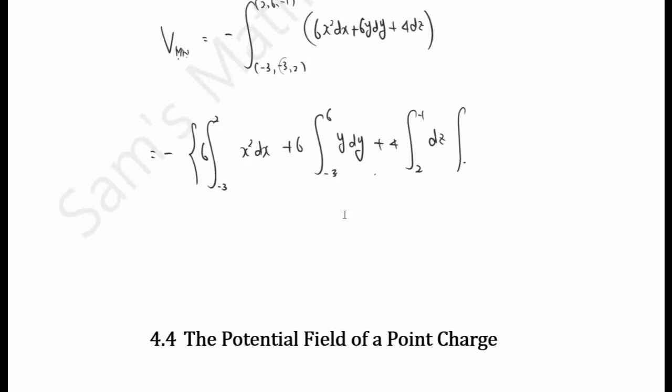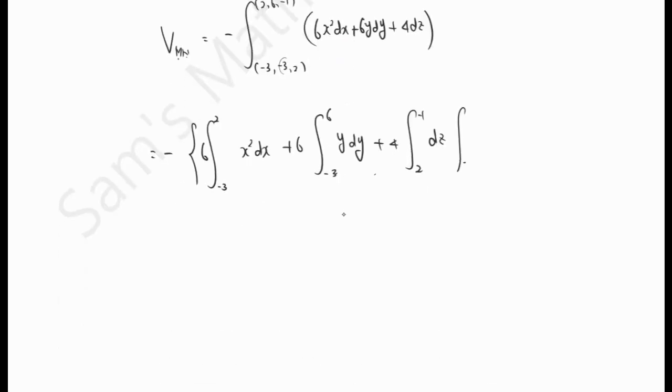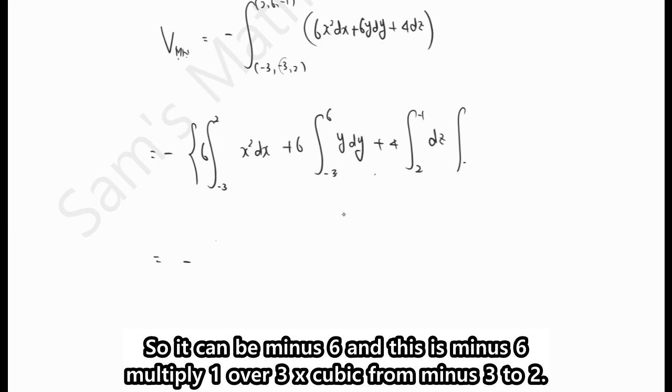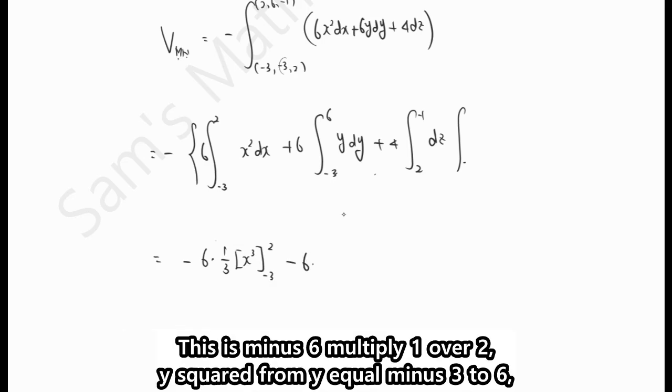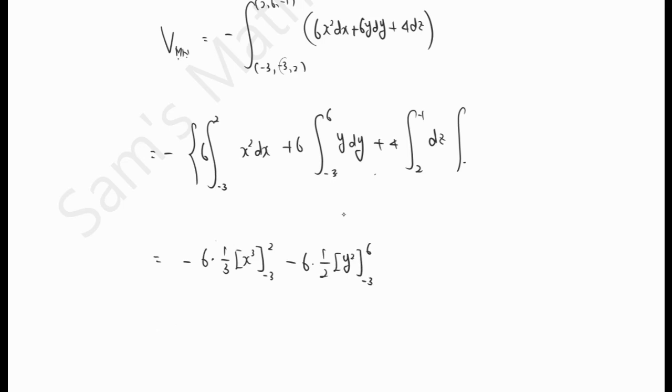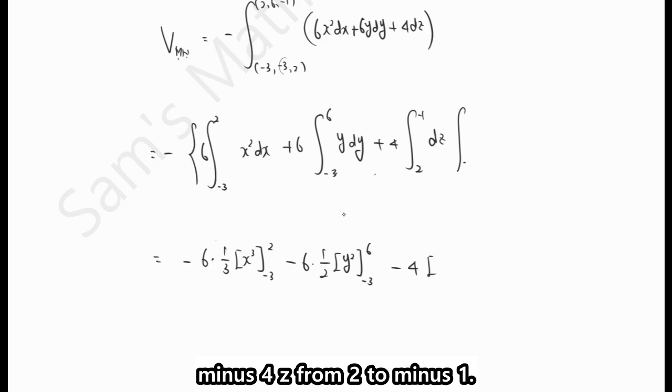So it can be minus 6 and the integrations. This is minus 6 multiplied by 1 over 3 x cubed from minus 3 to 2, plus 6 multiplied by 1 over 2 y squared from y equals minus 3 to 6, plus 4 z from 2 to minus 1.